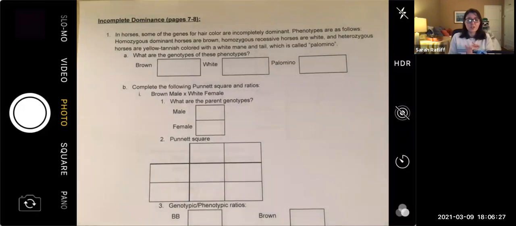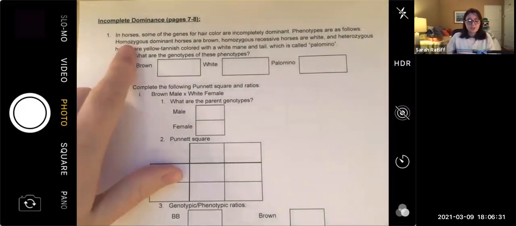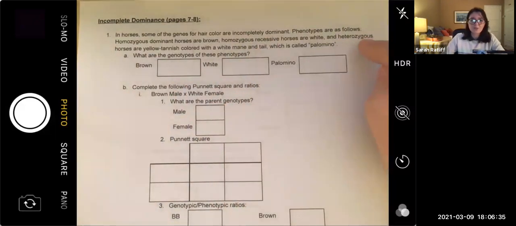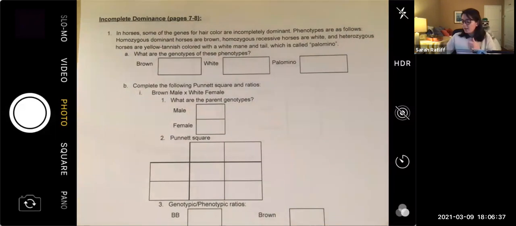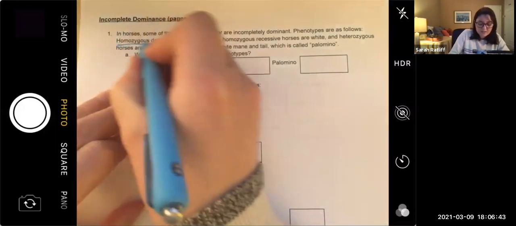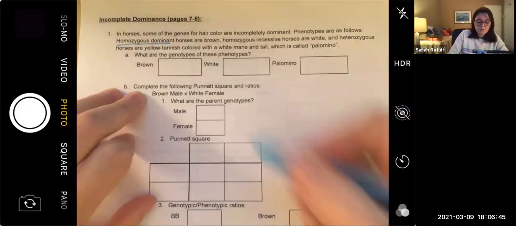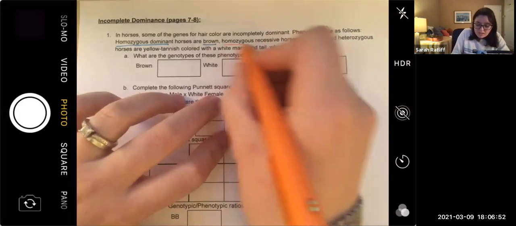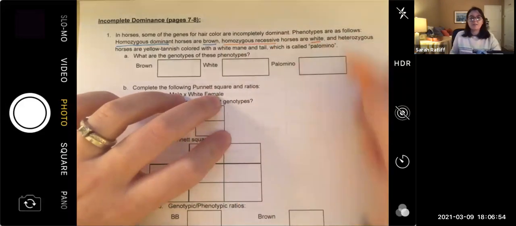So looking at number one, in horses, some of the genes for hair color are incompletely dominant. Phenotypes are as follows. I'm going to get out some colors. I love using colors here. So homozygous dominant are brown. Now, homozygous recessive are white.